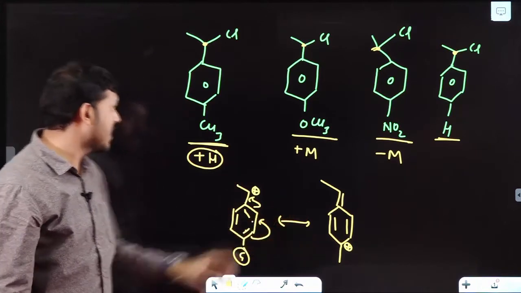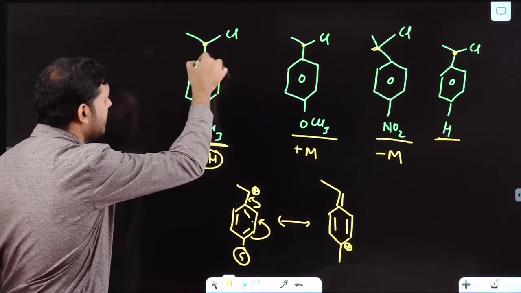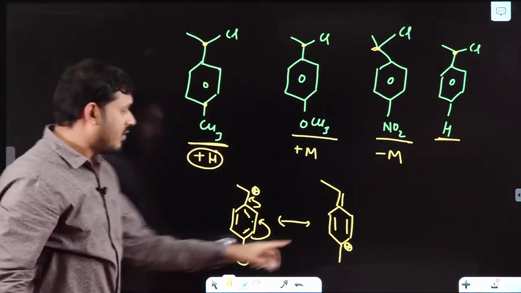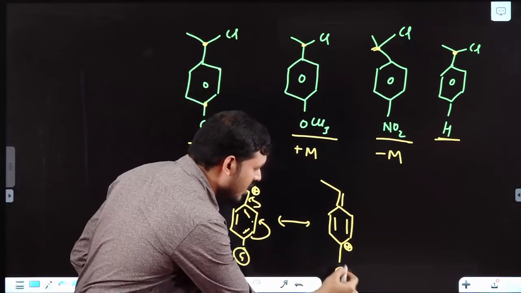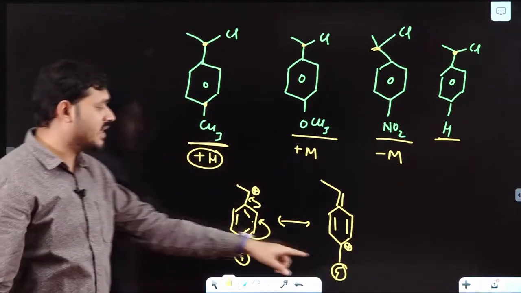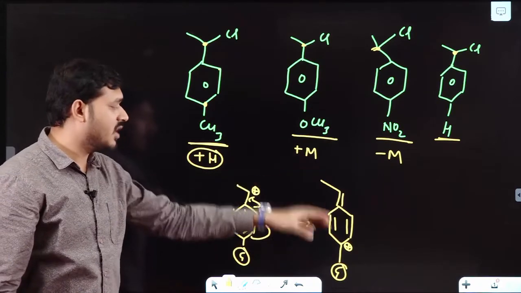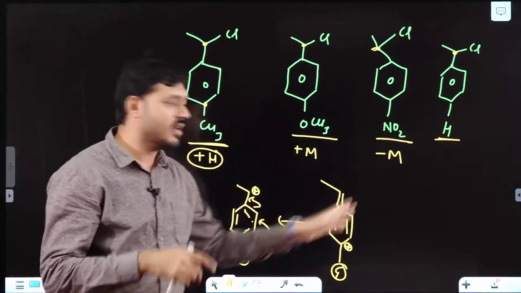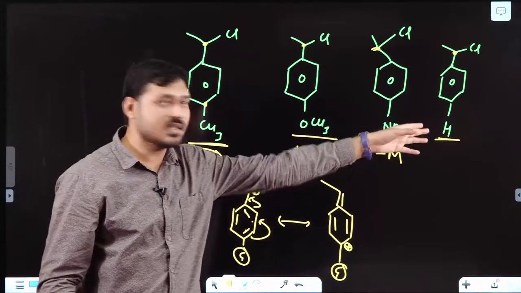So plus charge will come here. From this point plus charge will come to ortho, then plus charge will come to para. Then when plus charge is here, you are having different groups. Now understand, this plus H group will be stabilizing this cation, plus M will also stabilize, and it will stabilize to more extent, minus M will make it unstable, and this is normal.